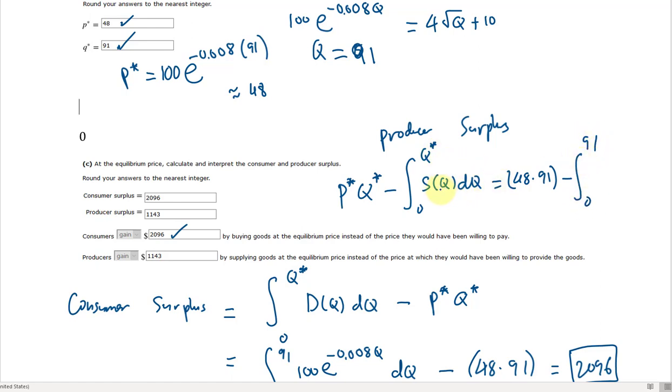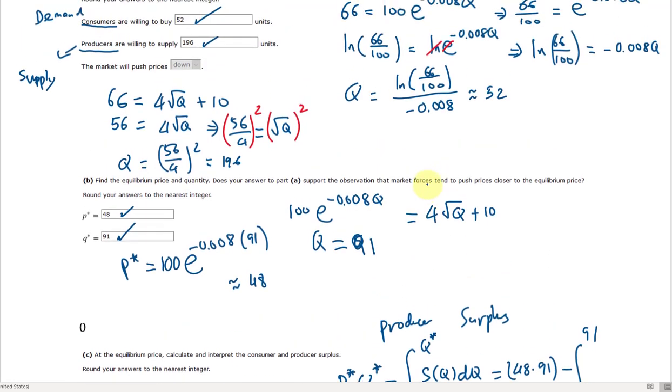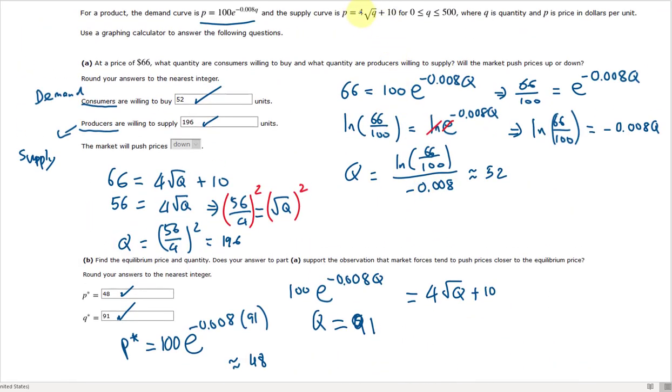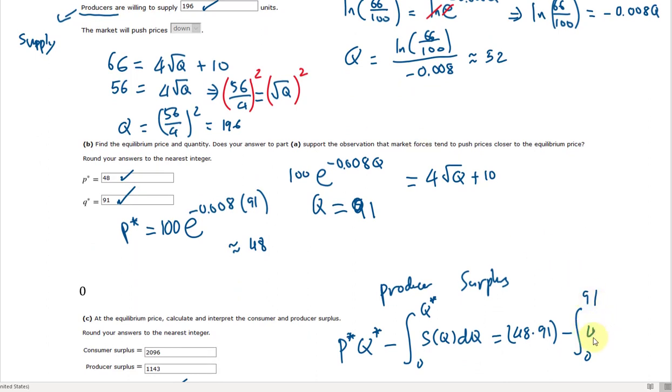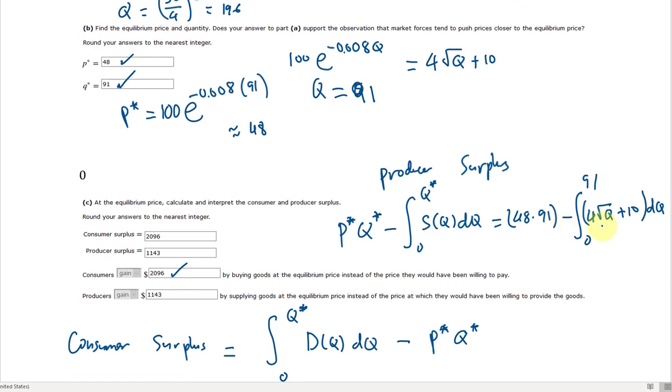The supply curve is this one, 4 square root of Q plus 10. Make sure that we are using the Q terms because we have dq at the end.